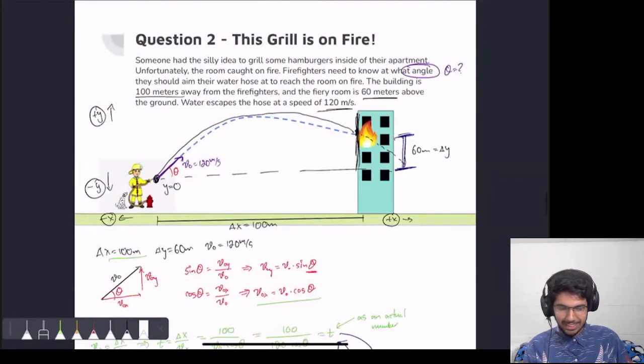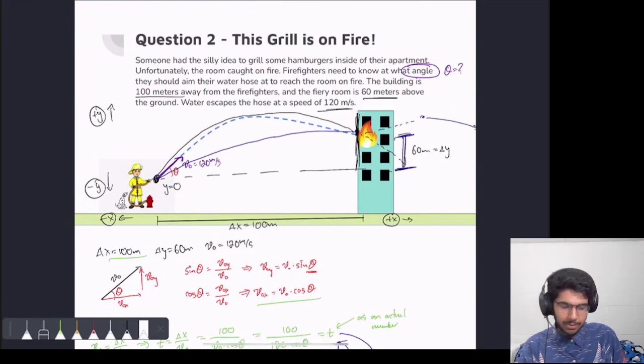So essentially what it's saying here is that if theta is 33 degrees, then the water will reach the fire on its way up, meaning that the peak hasn't occurred yet, right? It might get to some peak further along and then come back down.